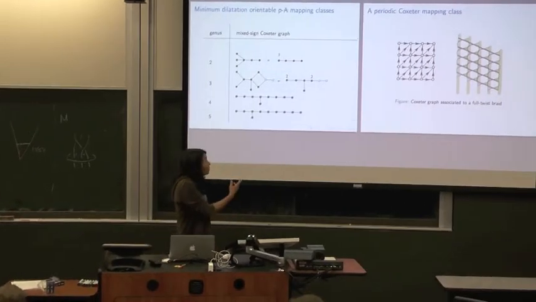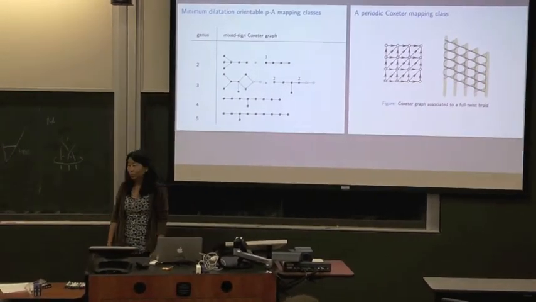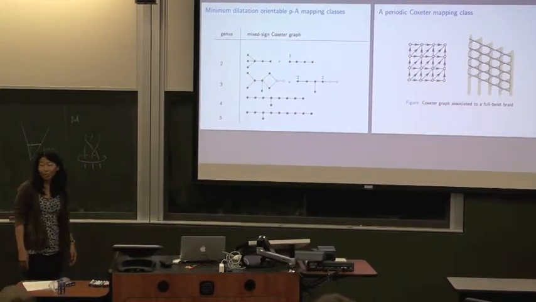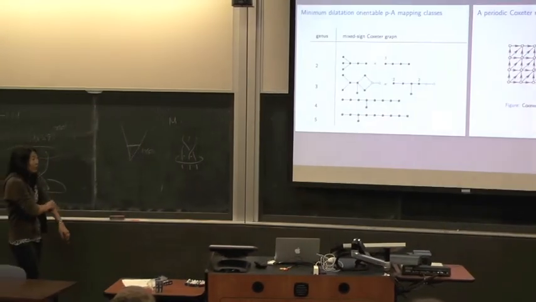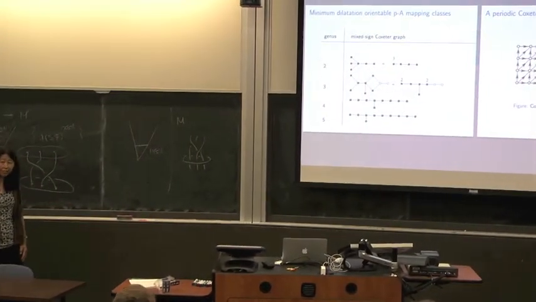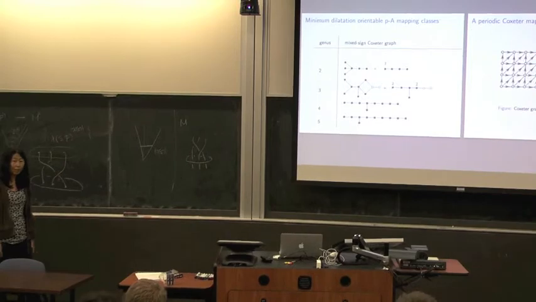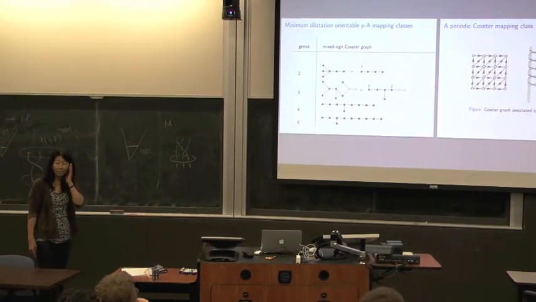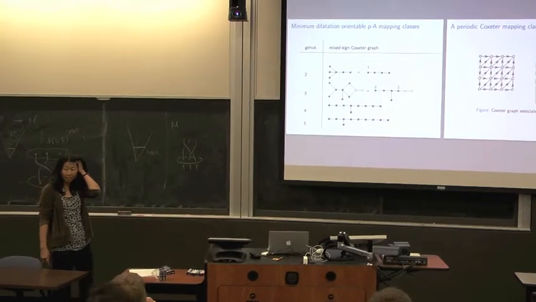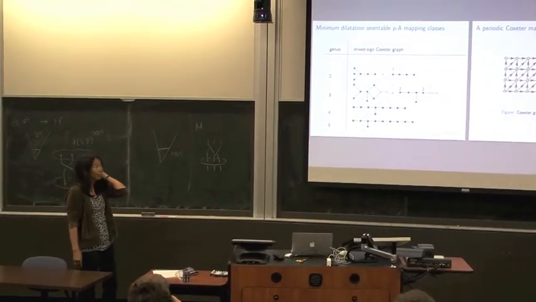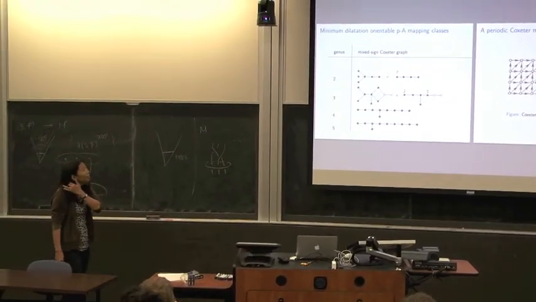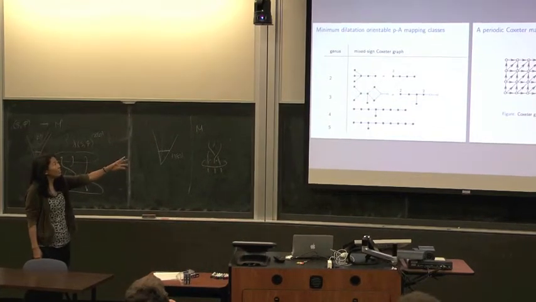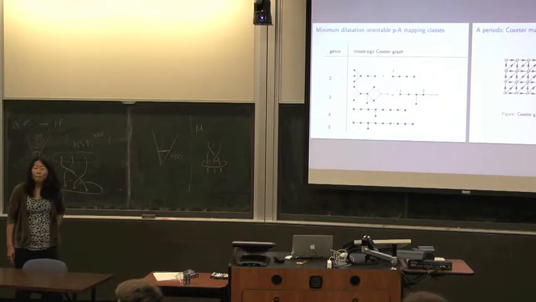Is this the full list also? No, they're not classified or anything. I don't know any classification, but if you just look around, you can find these other periodic mapping classes. Oh, sorry, this? Is that a complete list? Are there any other Coxeter graphs? Yes, you can, but these would give you the minimum one. Are these the only minimal ones? That's my question.